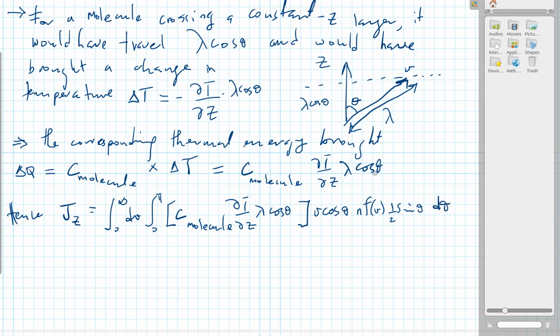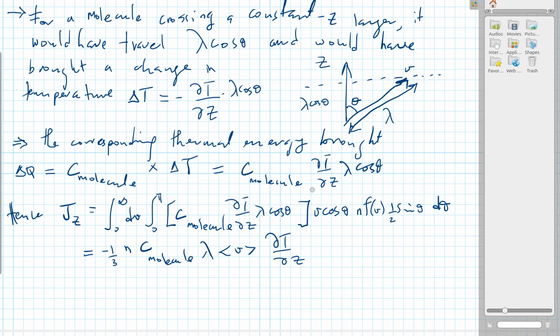And doing the integration, you can see this is going to be equal to minus 1 over 3 n C molecule times the mean free path times the average speed of the gas times partial T partial z.